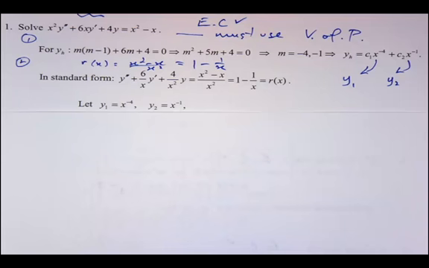The Wronskian involves the determinant. You write the y1 and the y2 across the top, and you write its derivatives underneath. And once again, you need to be able to do the derivatives of these things accurately and quickly.